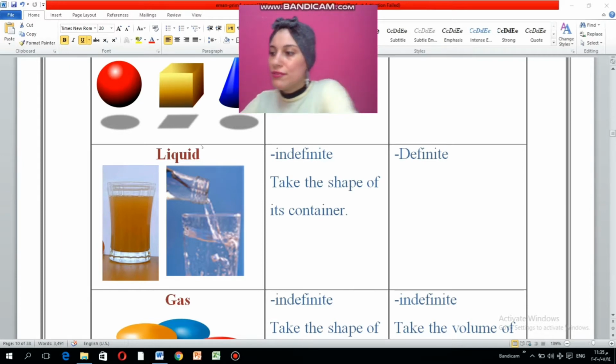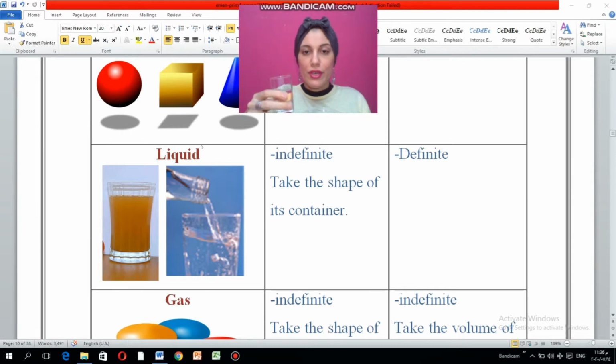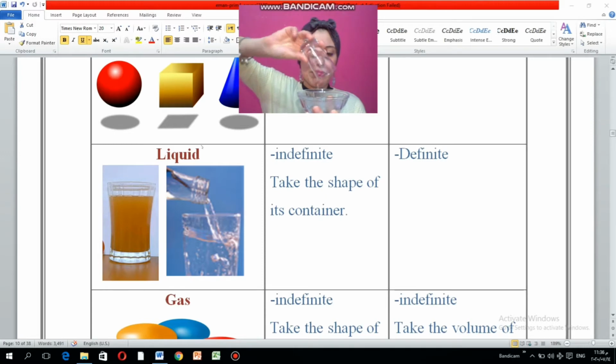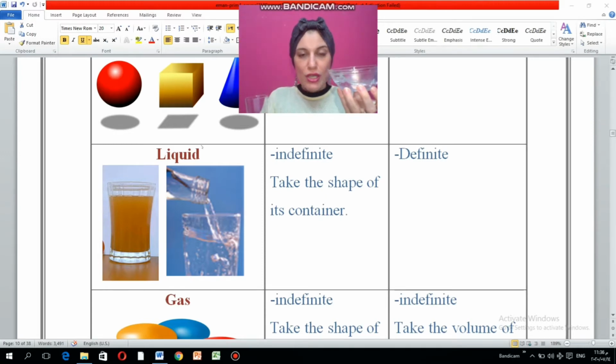Now let's discuss the shape and the volume together about the liquid state. The shape. If I poured the water in another container, the thing I put it in is called a container. So the glass here is container A, and this bowl is container B. So if I poured the water in container B, does the shape of water change? Yes, it changes. So the water has indefinite shape. Indefinite shape means not fixed. So solid has definite shape and definite volume, but liquid has indefinite shape.